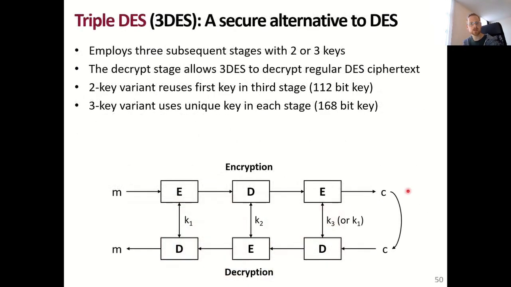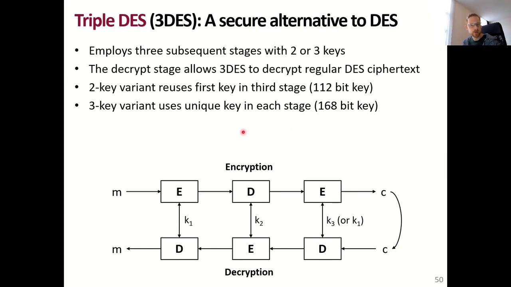As a quick fix, they proposed so-called triple DES. It's an alternative to DES that reuses the original DES algorithm and thus does not require any changes to the original algorithm, and allows you to reuse hardware developed for DES encryption. It uses 2 or 3 different keys to perform 3 encryptions in a row.